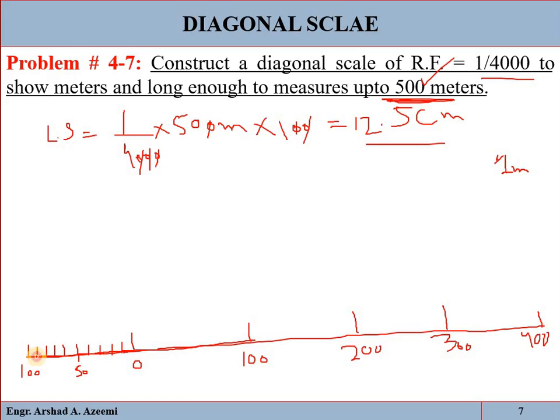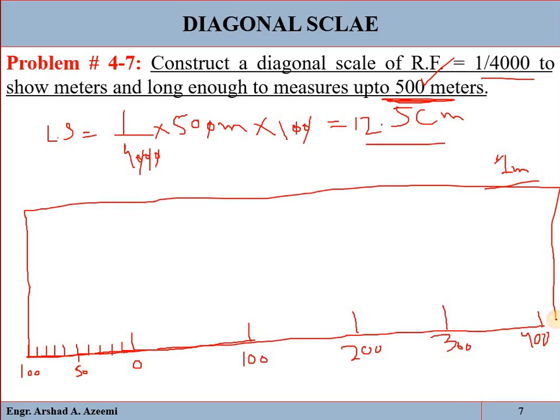So this one portion is representing 10 meter. Now we have to divide this one portion further into 10 parts. So each part will represent what? 1 meter. Okay, so just draw here a perpendicular, make this required rectangle and divide it into 10 parts.